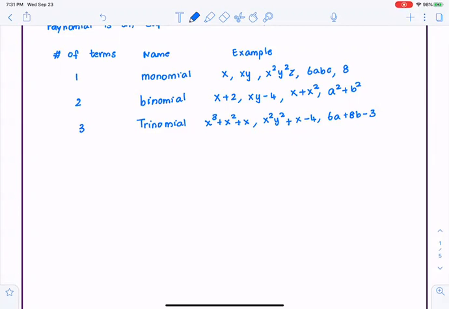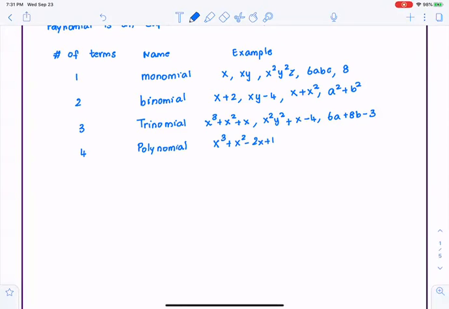So a polynomial is one that has more terms in addition or subtraction. So instead of simply having x cubed plus x squared plus x, anything above 3, we simply call it a polynomial. So I could have x cubed plus x squared minus 2x plus 1.